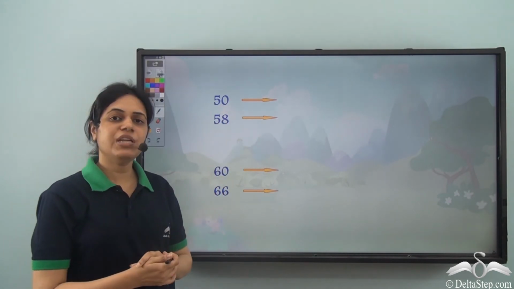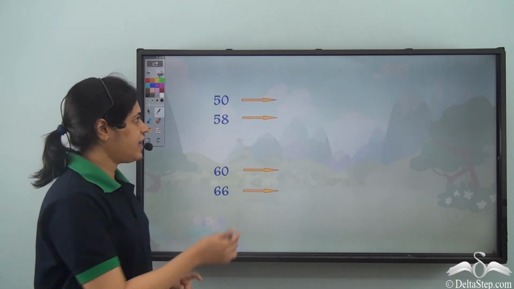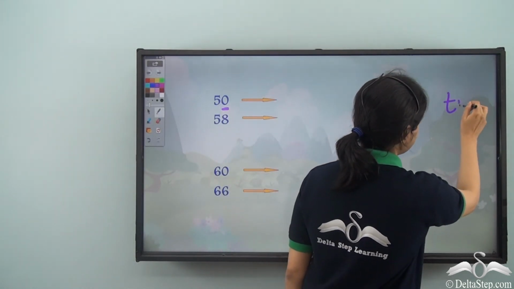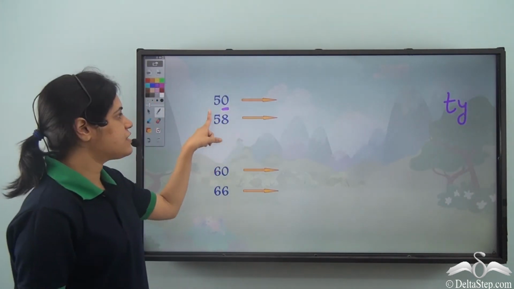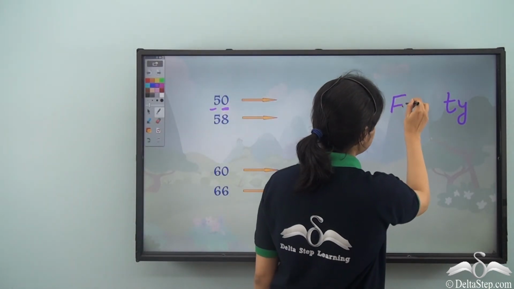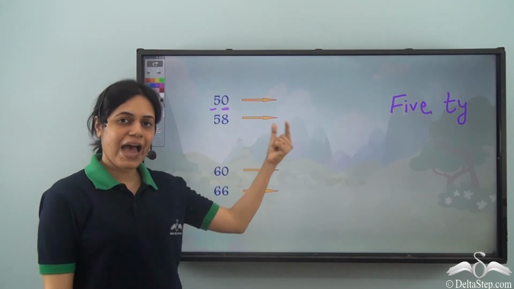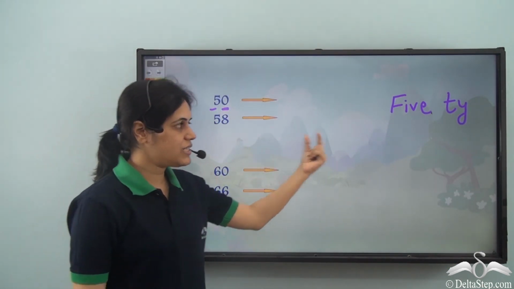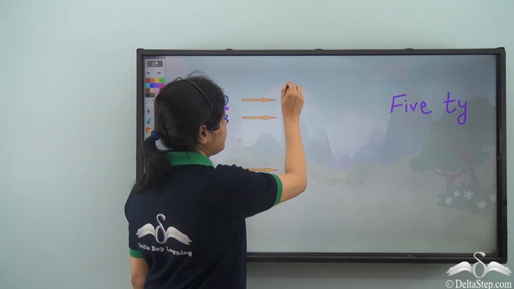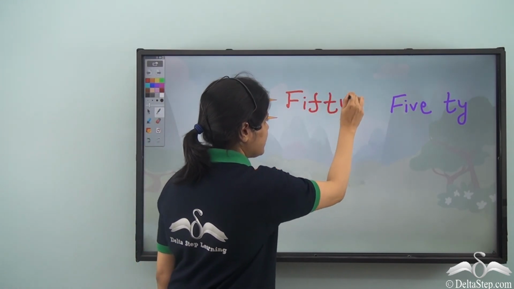What about the number name of this number? Can you guess the number name? Well, when we have 0, we have TY, and this is 5. So we will have 5 here. So 5 and TY, right? So this number name is FIFTY.